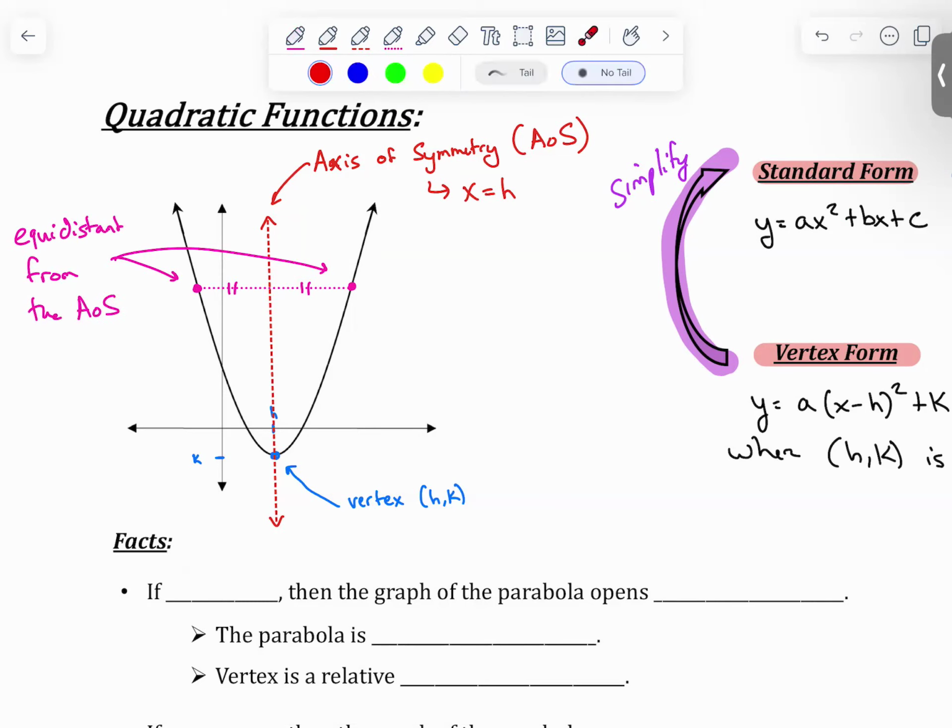That's how you could utilize the axis of symmetry to your advantage. If you know that this is like 5 units to the right of the vertex, then this point over here will be 5 units to the left, but it'll have the exact same y value. We'll utilize that in a little bit.